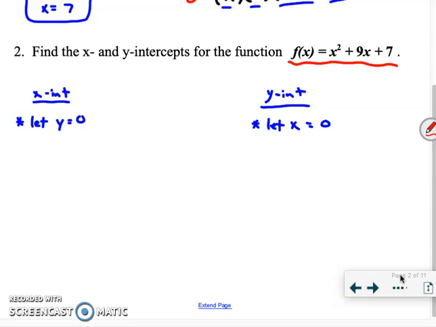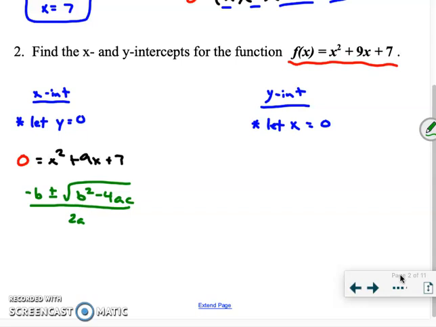So instead, maybe we could look at setting this up as 0 is equal to x squared plus 9x plus 7. And now we can go about actually using the quadratic formula in order to get there. The quadratic formula, in case you've forgotten, is the opposite of b, plus or minus the square root of b squared minus 4ac, all divided by 2 times a.